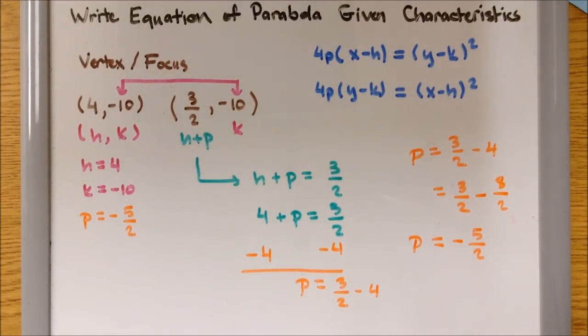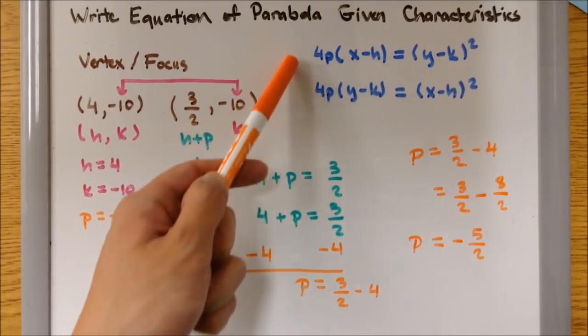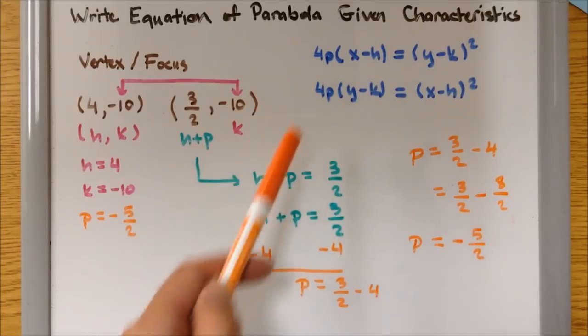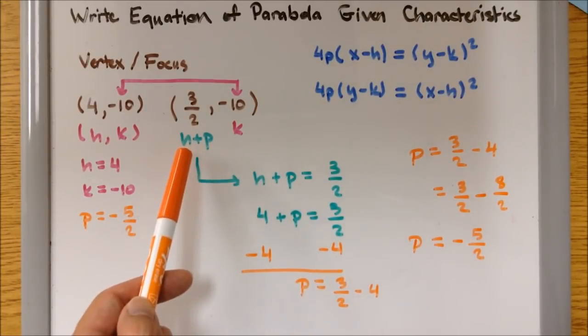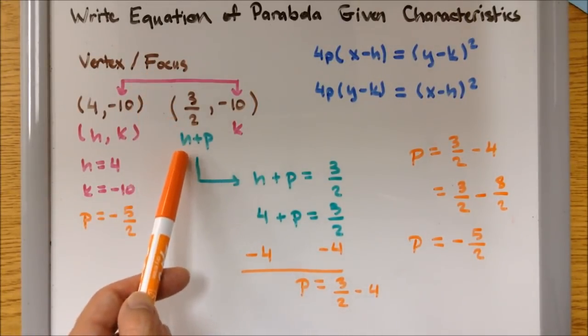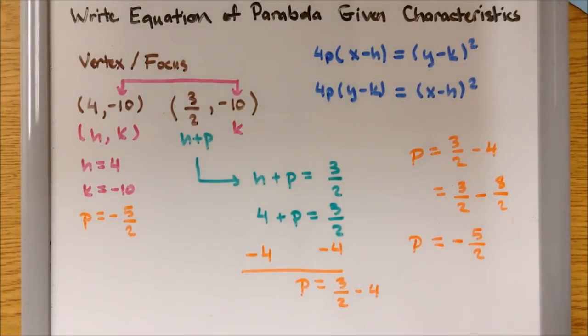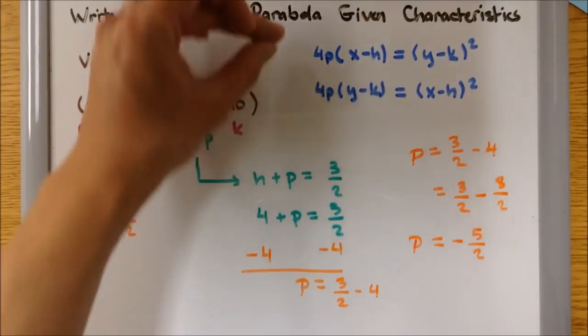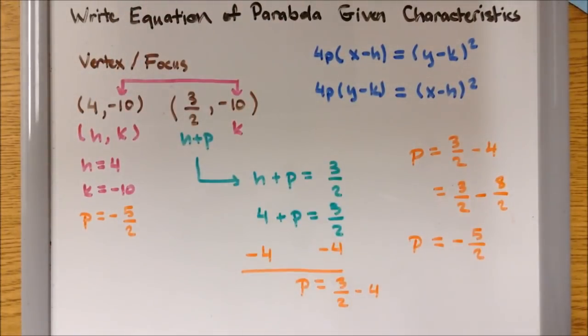Alright, so that's basically the work you have to do to get your p value after you identify which equation to use, therefore get the correct formula for the focus, h plus p. Now once you find the p value, we're simply going to plug it into this equation. I'm going to erase to make more room.